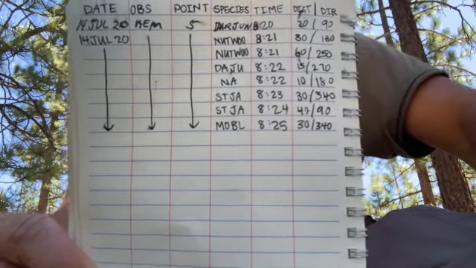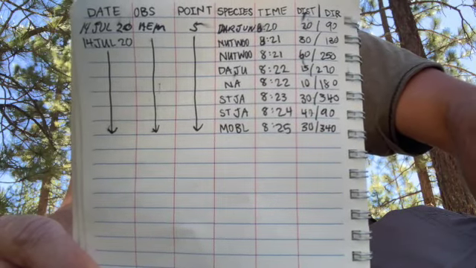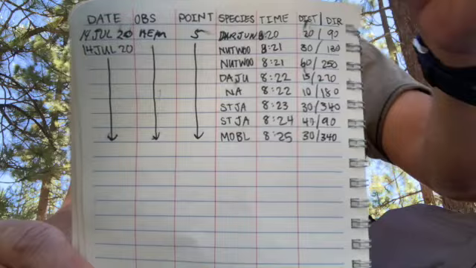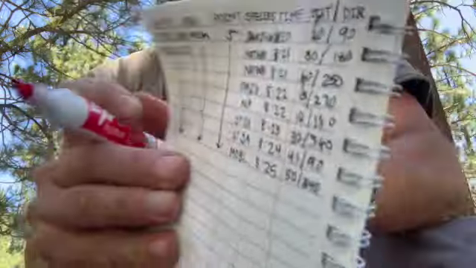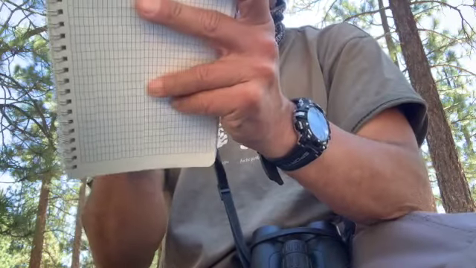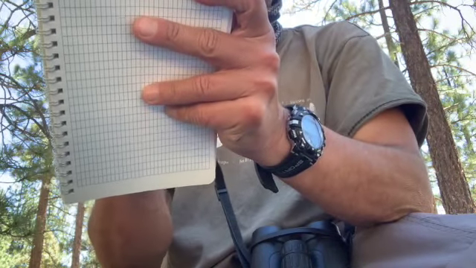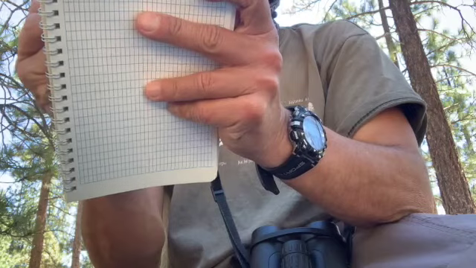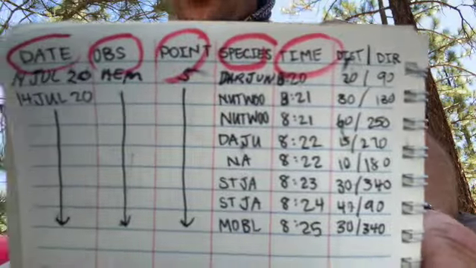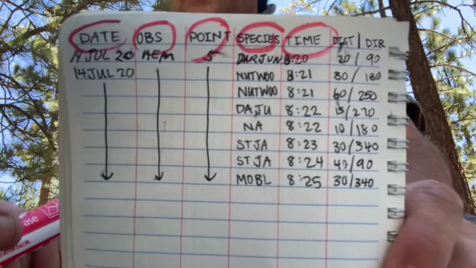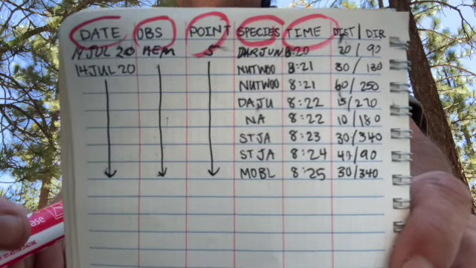Now the thing I want you to realize is that we can't do distance and direction for the virtual lab. The things you're going to be focusing on are those first 5 columns that I've highlighted: date, observer, point, species, and time.